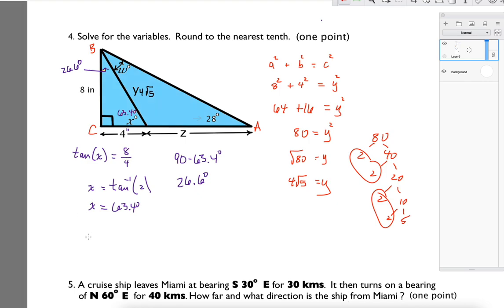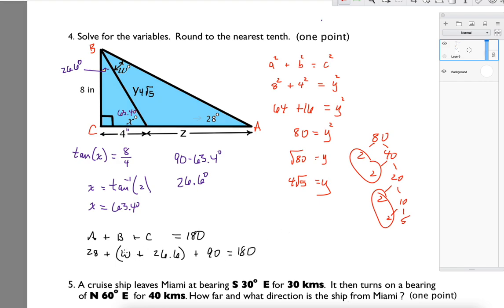So we know A plus B plus C equals 180. So A is 28. B, look, there's two parts to B here, right? There's a W angle, and then there's the 26.6 that we already found. This is B right here, this section, plus 90 equals 180.